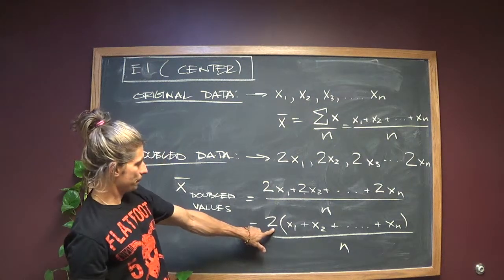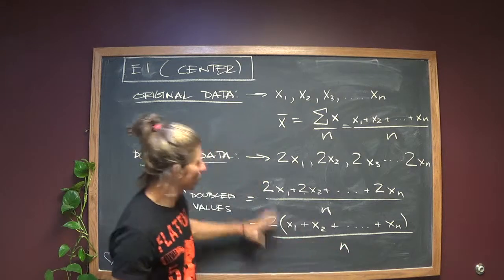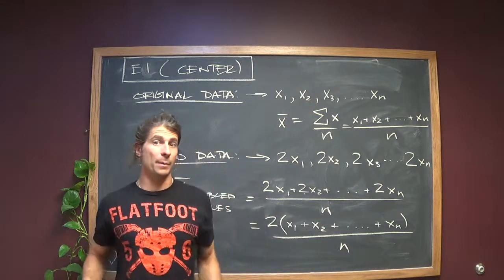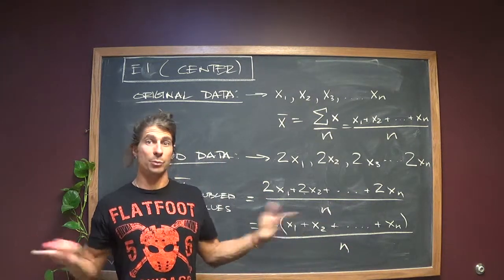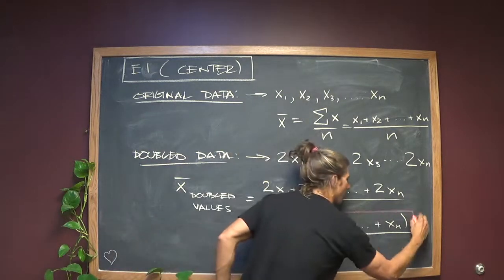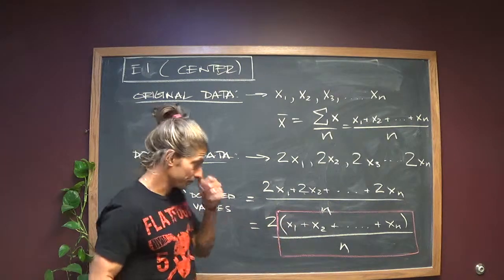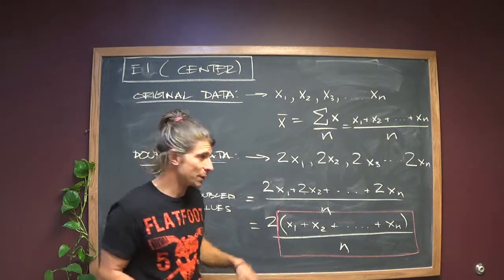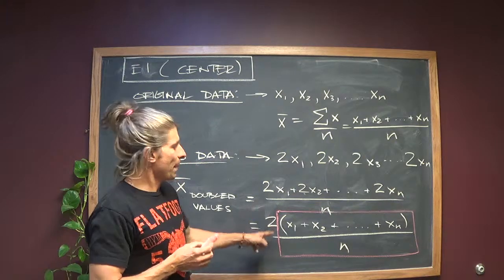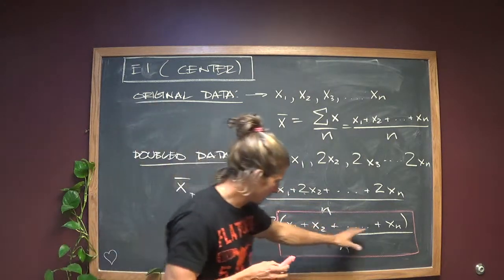That 2 is now a factor that can be applied to either just the numerator or the entire fraction. You remember that from your pre-statistics days. So I'm going to draw a box around this part right here, not including the 2. Okie doke. Does that box look familiar? x sub 1 plus x sub 2 plus and so on, plus x sub n.